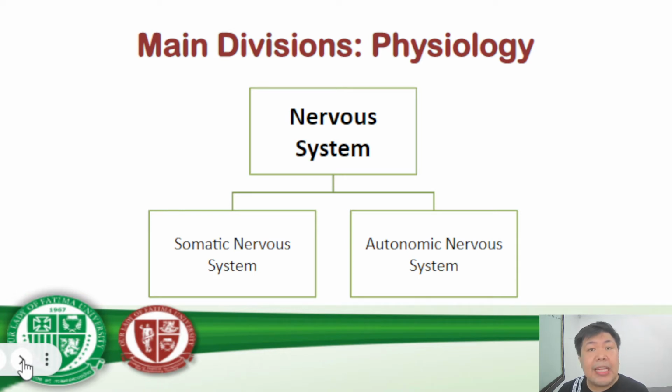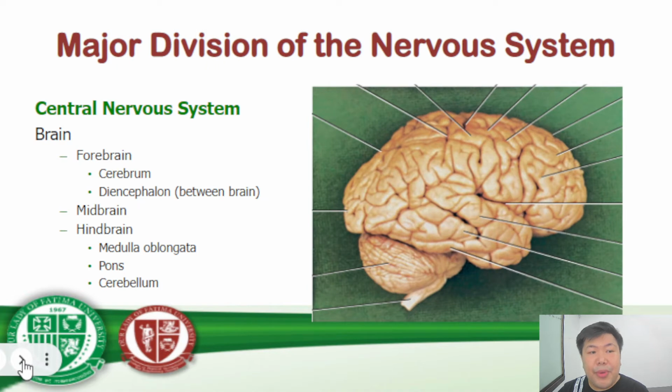It automatically happens. So those kind of functions fall under autonomic nervous system, while the decision to take a bath, the decision to write down, the decision to run, to walk, those are all voluntary movements, so it falls under somatic nervous system.